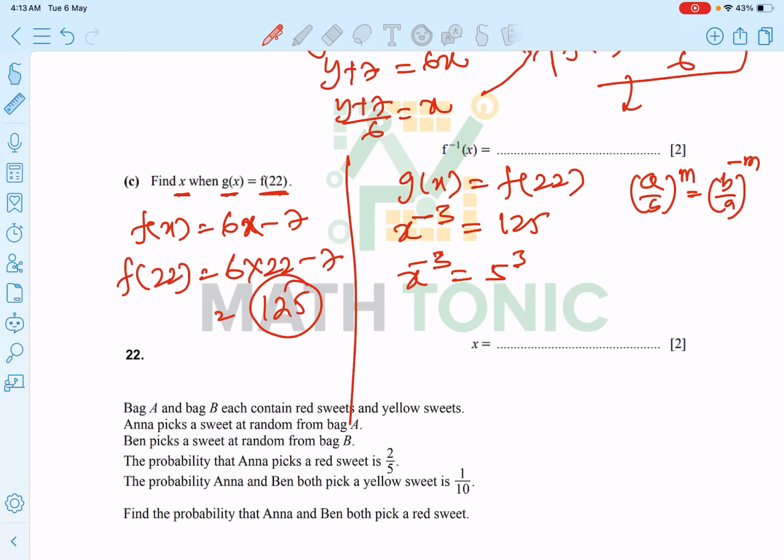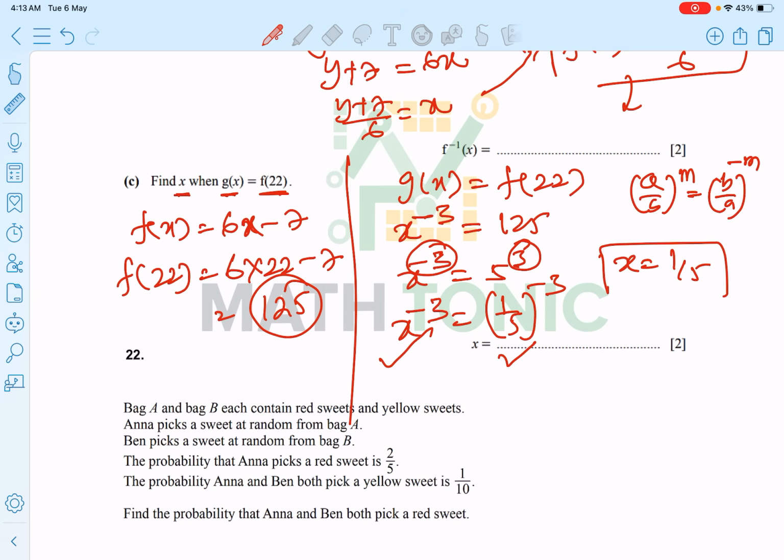If it is m, it becomes minus m. If it is minus m, it becomes m. So what I'm trying to say is, I'm trying to make this power exactly the same. So how can we make this? x power minus 3 equals 5 becomes 1 over 5, and that becomes power minus 3. So when the power is the same, the base also will be exactly the same. So we can say x equals 1 over 5.